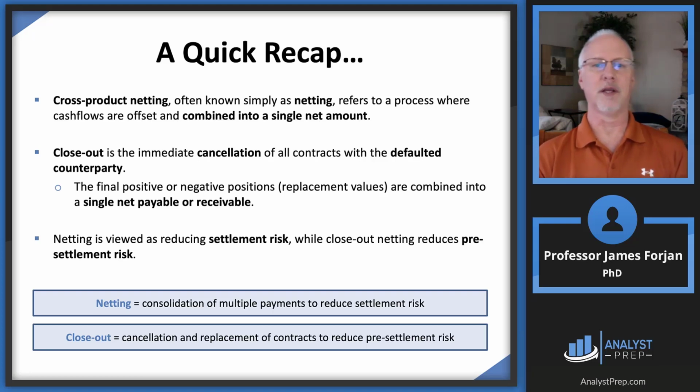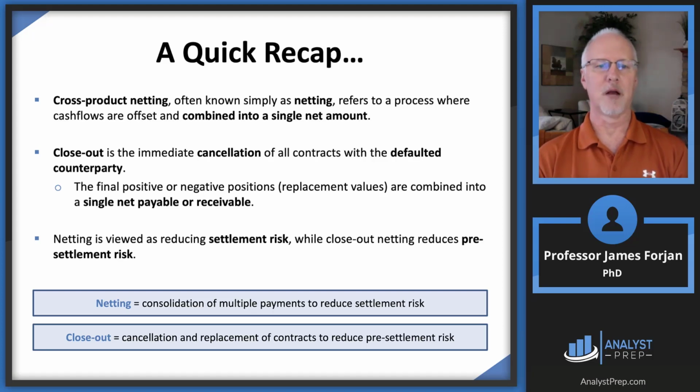So a closeout is an immediate cancellation of all contracts with that defaulted party. And so if there are multiple contracts with that defaulted party, then some of them will probably have positive mark-to-market values and some will probably have negative mark-to-market values. And so you just combine those into a single net payable or receivable.